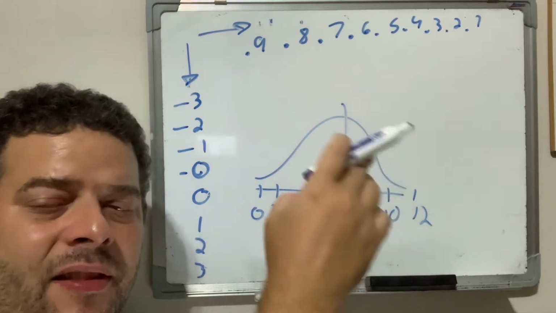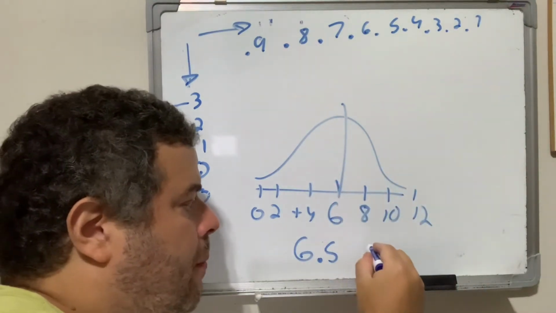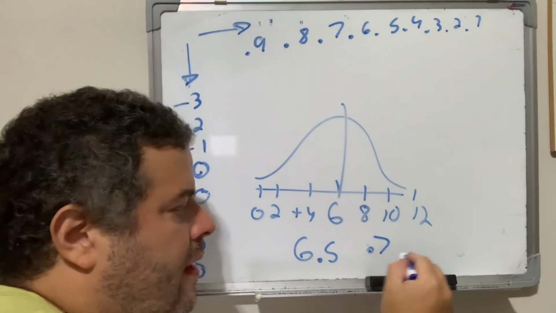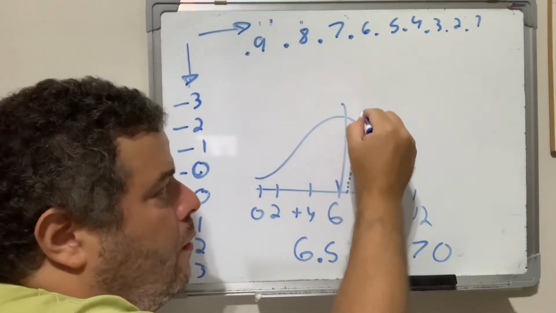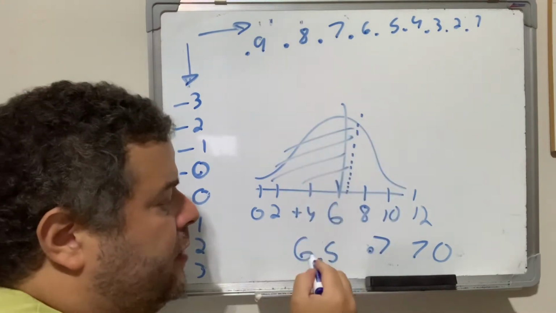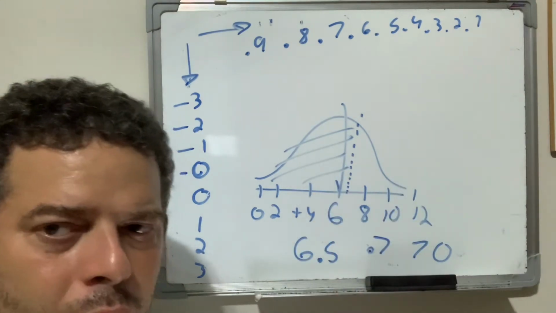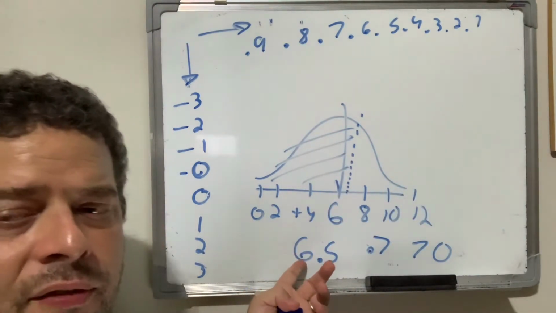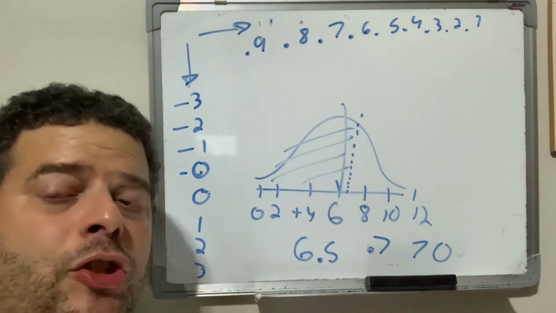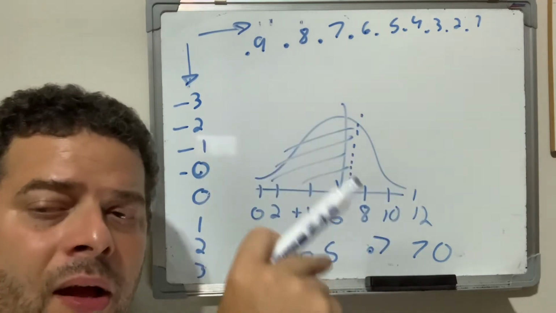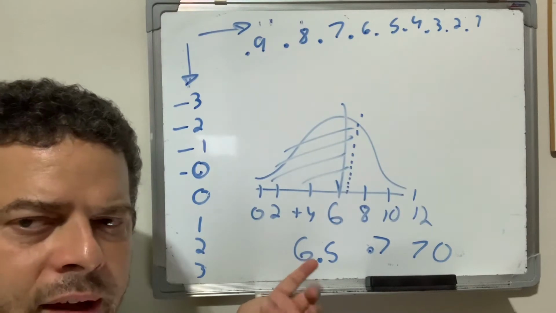And when you find the value in the z-score table, you end up with maybe a number like 0.7. That means that 70% of all measurements would fall below that target value of 6.5 that you used to find the z-score. So again, I choose a target value, plug it into the z-score formula, I get an actual z-score, and using the table, I find the proportion that lies under that particular value.